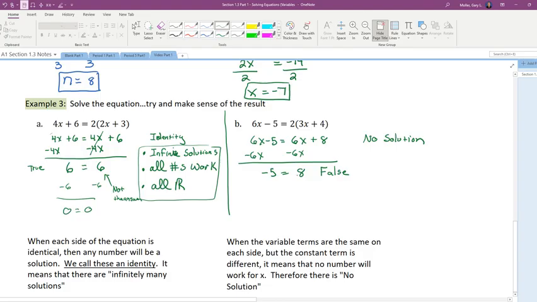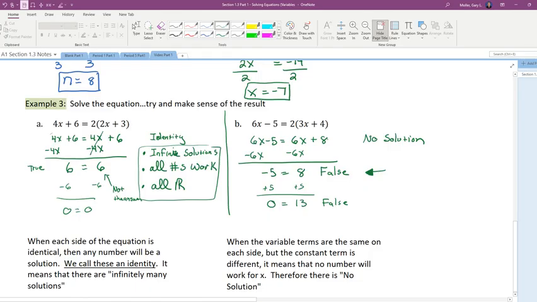So weird and false versus weird but true. This means there is no solution. Nothing will work to make these the same. And if you didn't notice it here, you could have gone a step further and tried to add 5 to both sides, and that would have had 0 equals 13, still a false statement. So most of us are hopefully going to notice it right there, that, oops, that tells me that there's no solution.